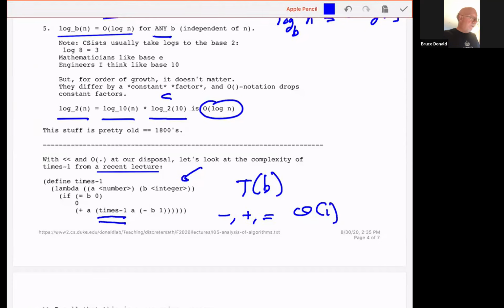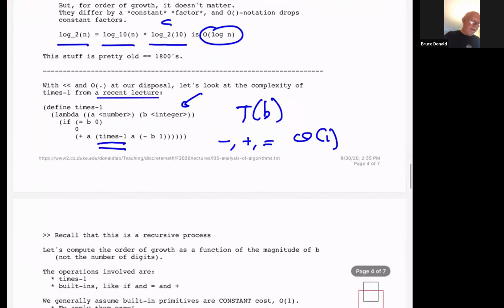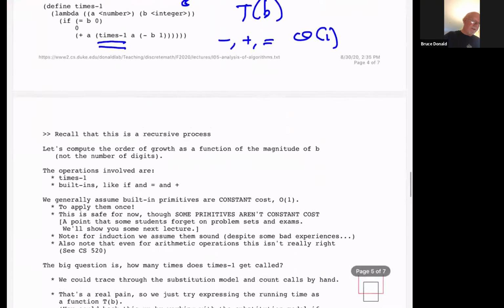So how could we figure out the complexity? Well, we could trace through the substitution model and count calls by hand. This is quite a pain, right? We don't really want to do that. So instead, we're going to look at this as a recursive process.